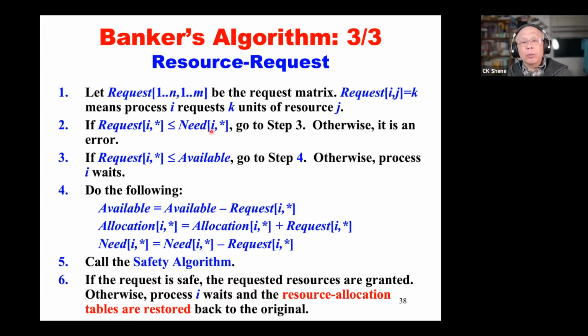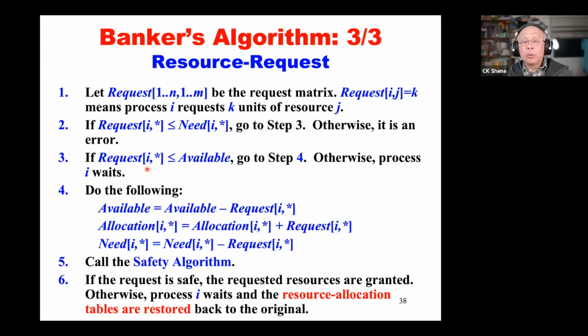So the request by i must be less than or equal to its future need, of course. If that's the case, we go to step 3. Otherwise, it's a mistake. So the next step, we do one more check.